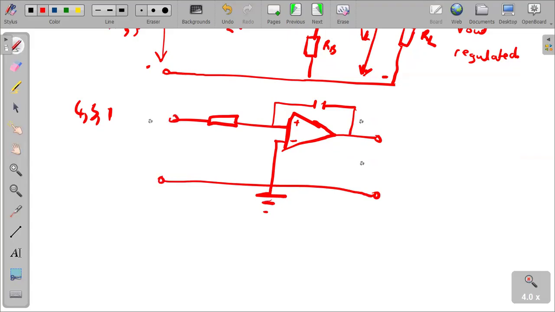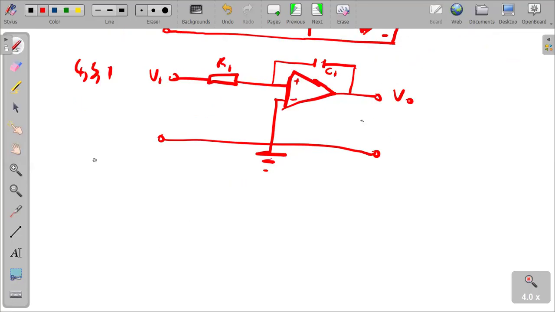So this is marking V1, that's R1 there, and that's C1 there, and that's V out. So it's clearly labeled. That's 4.3.1. Let's go to 4.3.2.